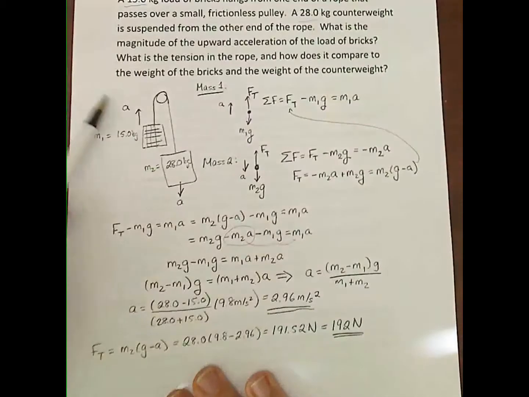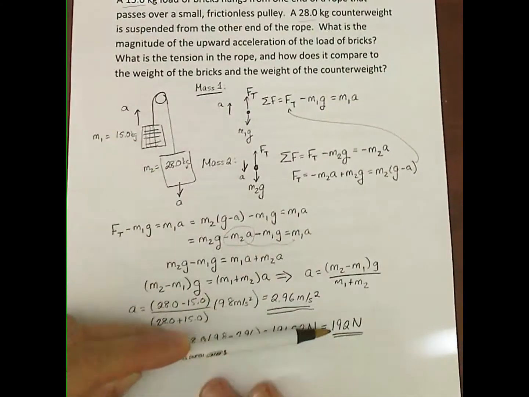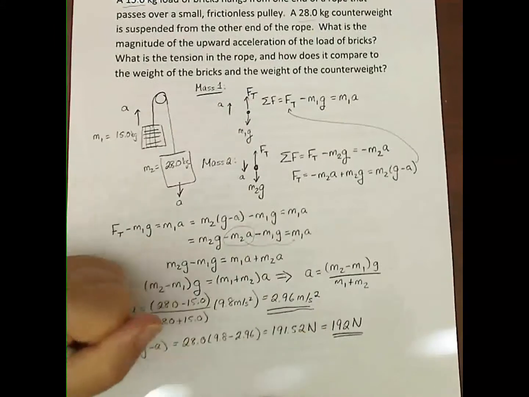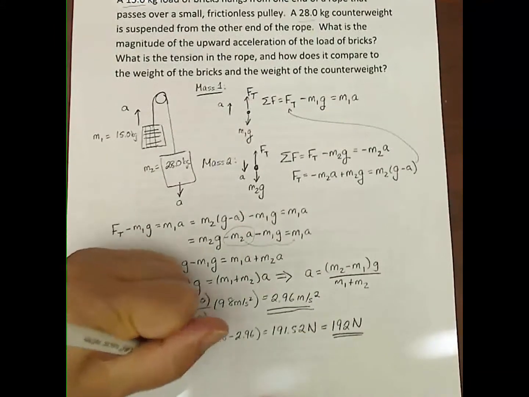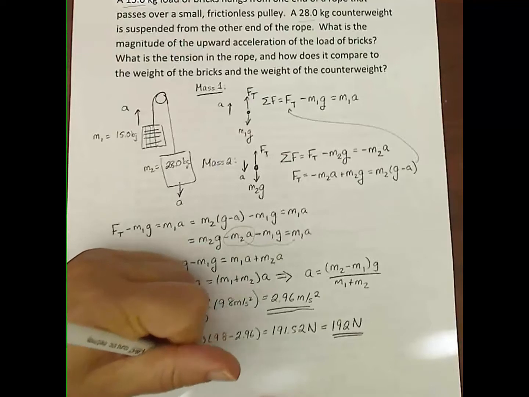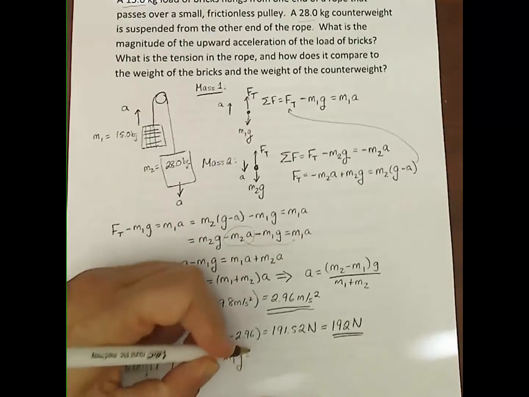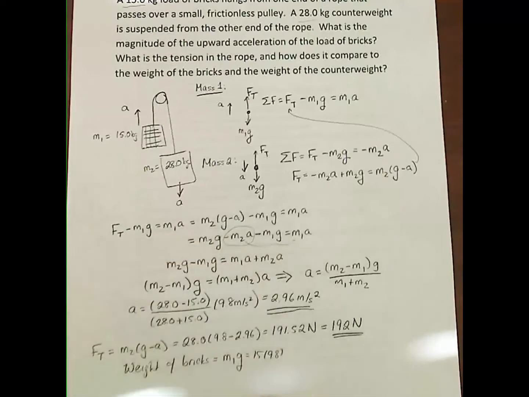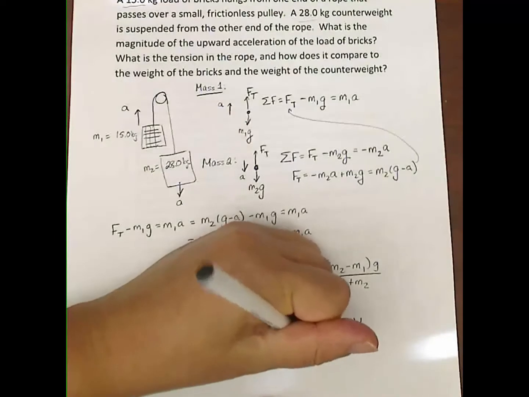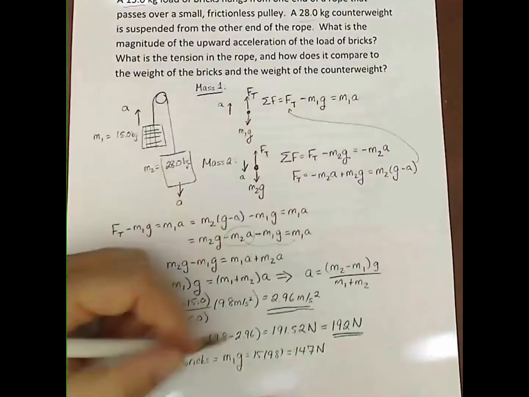Now it asks, how does this tension force compare to the weight of the brick and the weight of the counterweight? Well, the weight of the brick is the mass of the bricks times 9.8. So that's 15 times 9.8. And that's 147 newtons. Okay, so the tension force is bigger than the weight of the bricks.